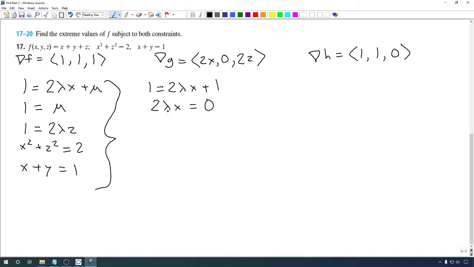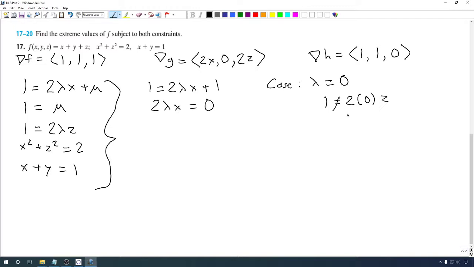Now what we can see already from here is that either lambda equals 0 or x equals 0. I'm going to even write this over here. If lambda equals 0, what would that cause? That would cause this equation here, this 1 equals 2 times 0 times z, to not be true.